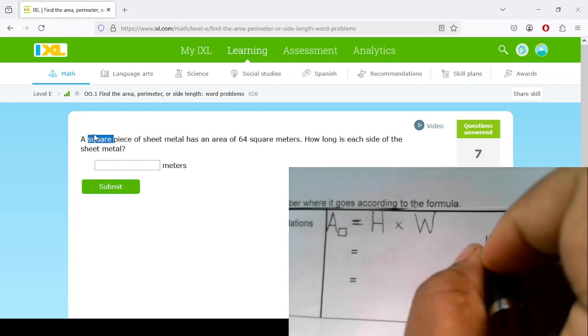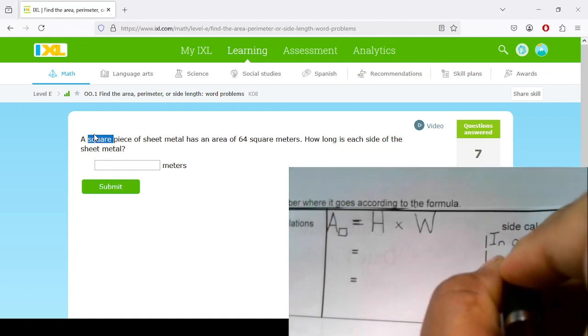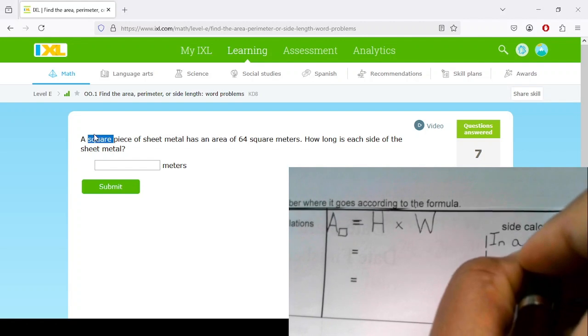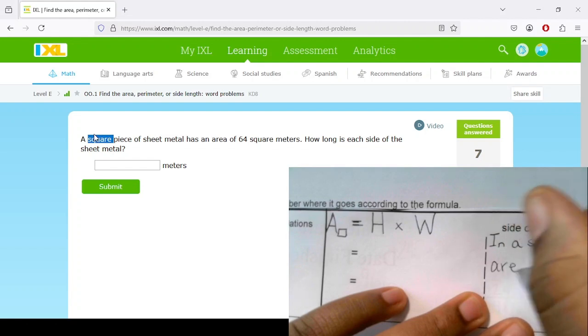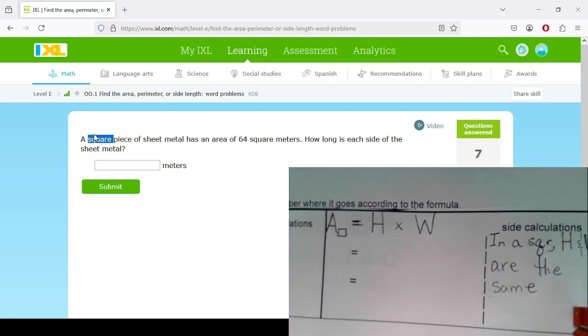And so I remind myself that in a square, the height dimension and the width dimension are the same. Okay, the piece of metal that I'm looking at is in the shape of a square. It's a special rectangle, not just a regular rectangle. How long is each side?